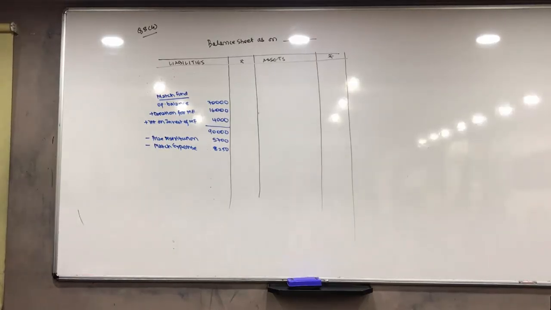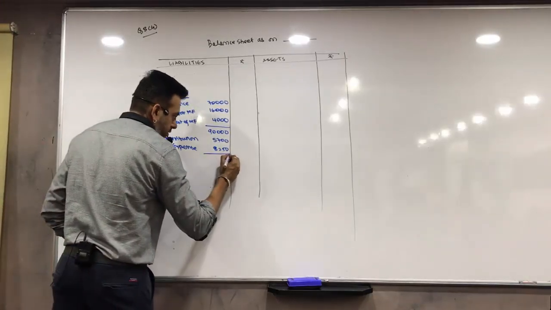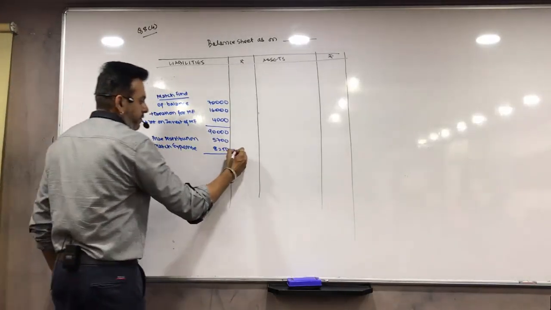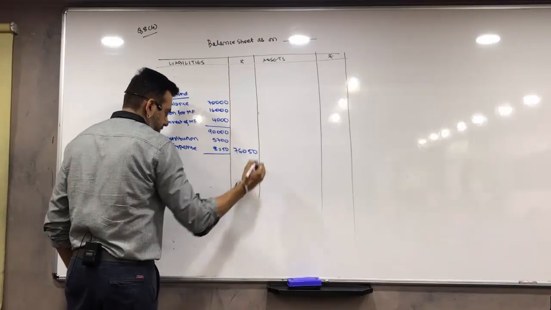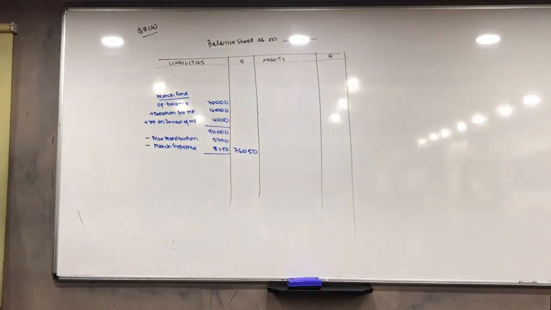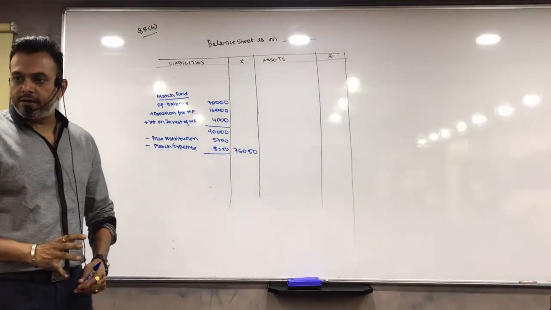That's it. Close it. 76,050. All of you understood how a specific purpose fund is reflected.